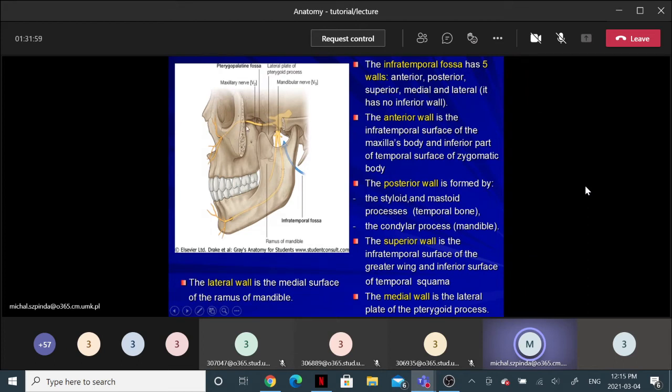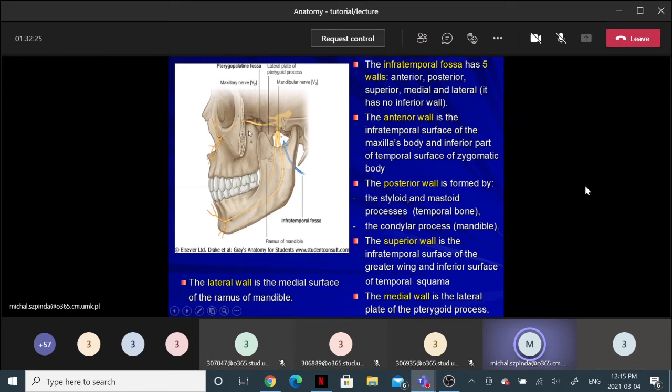So the infratemporal surface of the maxillary body is involved in the formation of two anterior walls, referring to both the infratemporal fossa and the pterygopalatine fossa.